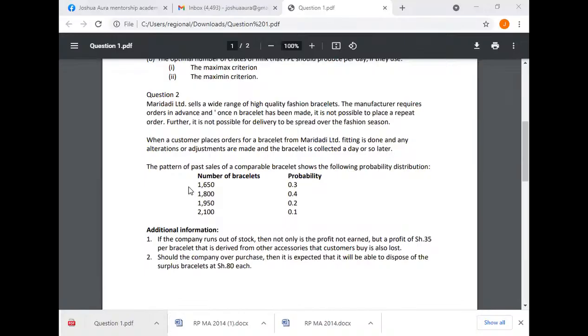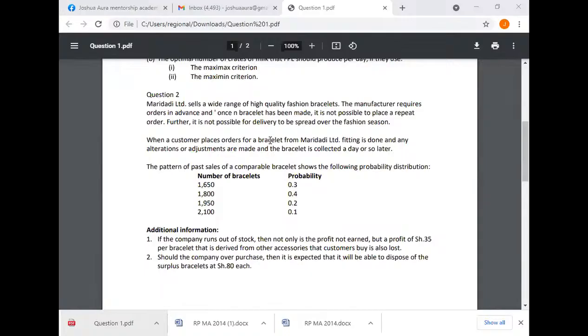So, ladies and gentlemen, we are told here, question number 2: Maridadi Limited sells a wide range of high quality fashion bracelets. The manufacturer requires orders in advance, and once a bracelet has been made, it's not possible to place a repeat order. Further, it's not possible for delivery to be spread over the fashion season.